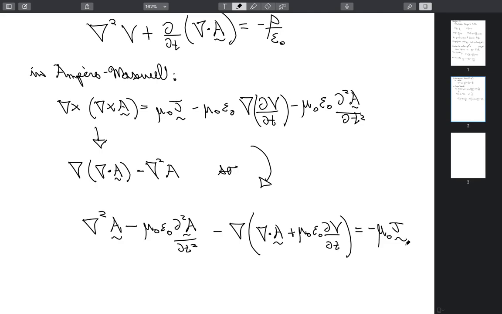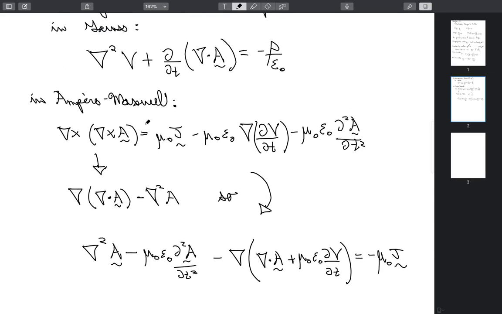Okay, so these are the two leftover inhomogeneous Maxwell equations that we have, and they're not very pretty. They're a bit unhandy to play with, but nonetheless, they are what is left over of the set of 4 Maxwell equations that we had to deal with. Okay, so there's nothing else.